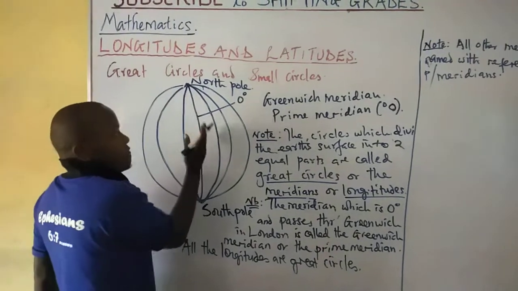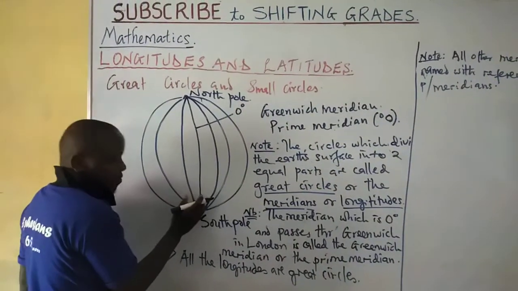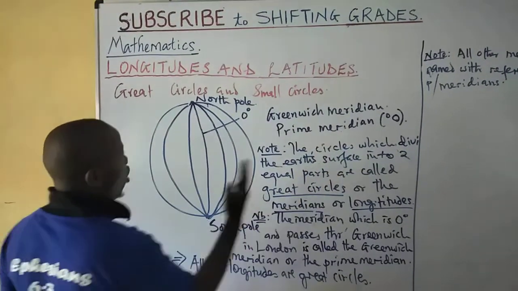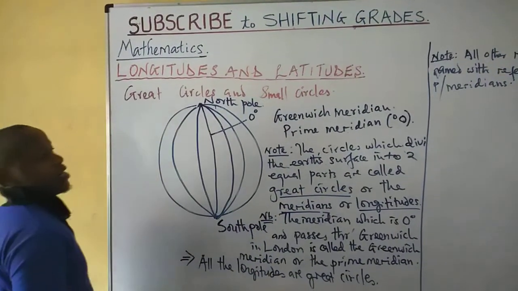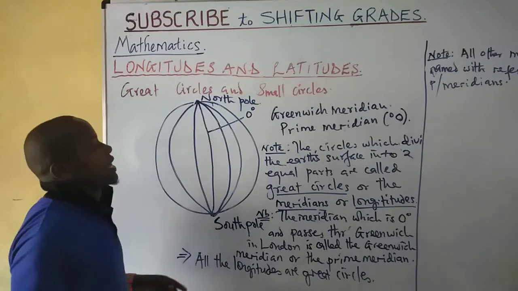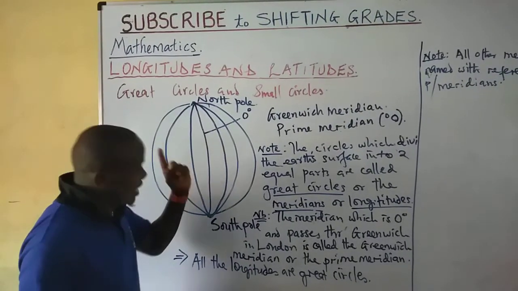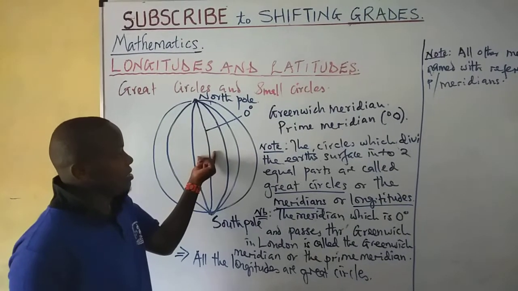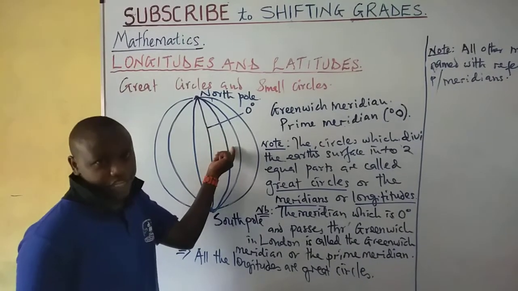Therefore, from the Greenwich Meridian, the other longitudes are either to the east or to the west, then we name the angle it is from the 0 meridian and the direction it is.